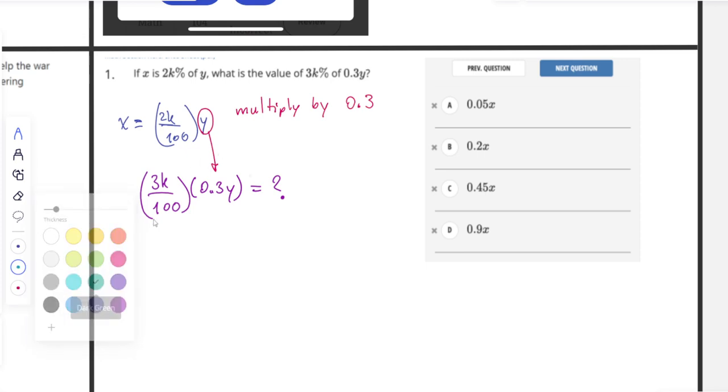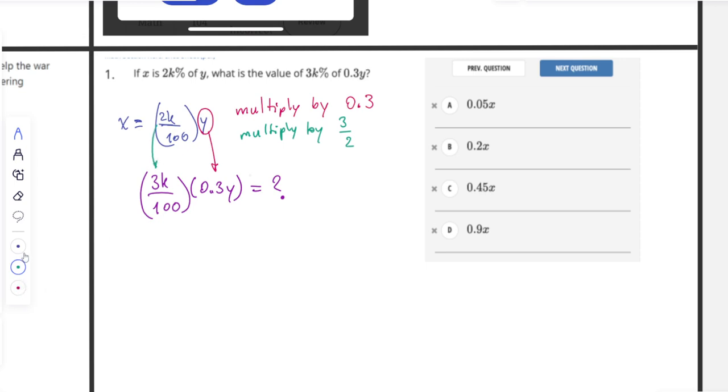And we can also multiply by 3 over 2. So we can cancel out the 2 here and get a 3 up in the numerator to get this part. So really it's just going to be x times 0.3 times 1.5, which is 3 over 2.